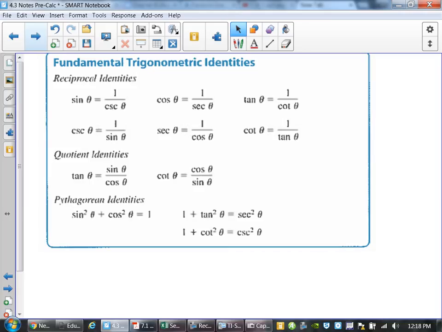I know last year in honors we spent a ton of time doing a lot of these verify and simplify problems. We did some really, really nasty ones. But one thing you would be pleasantly surprised about with the pre-calc stuff is that it doesn't really go into too much detail with it.